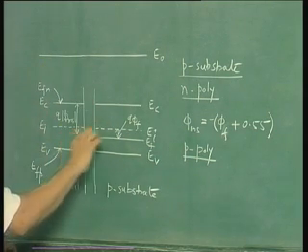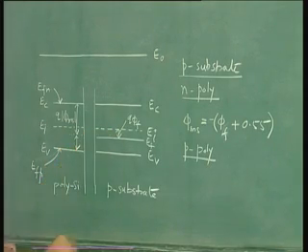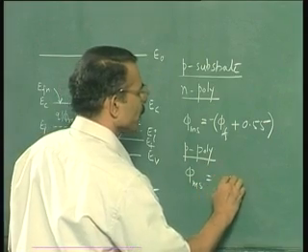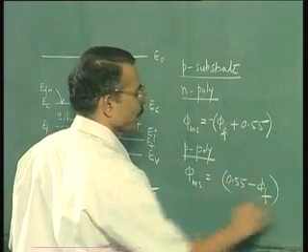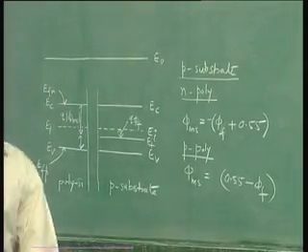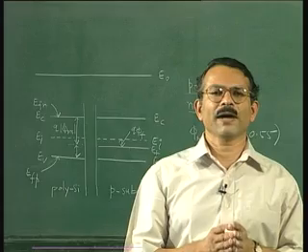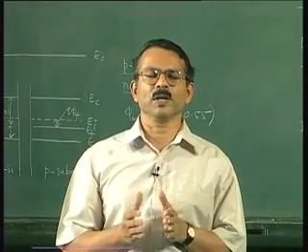So this difference is 0.55, that is half of energy gap, minus phi f. So phi ms is equal to 0.55 minus phi f. I leave it as an exercise to you to find out what is the phi ms if you have an n-type substrate with n-type poly and p-type poly.